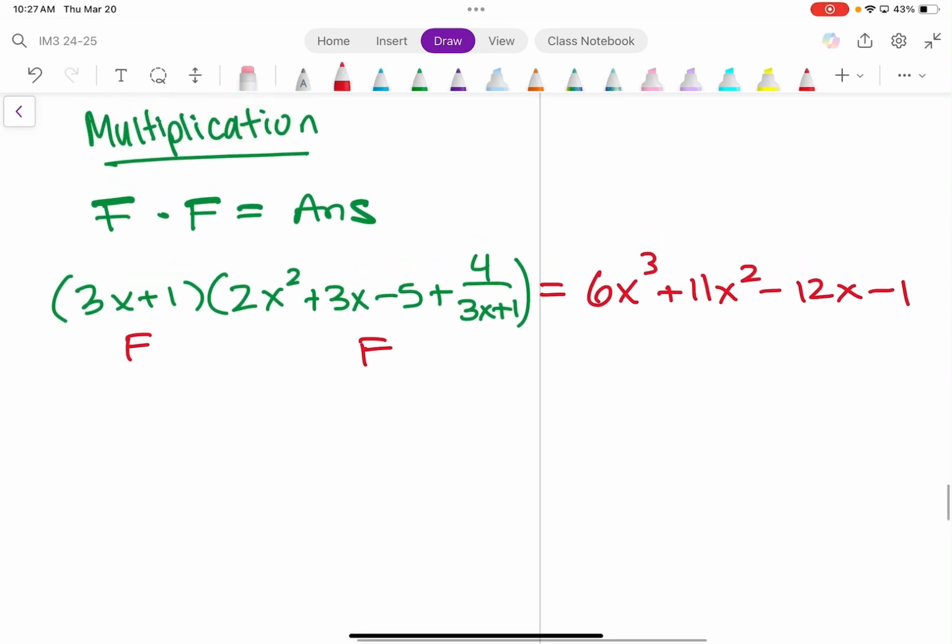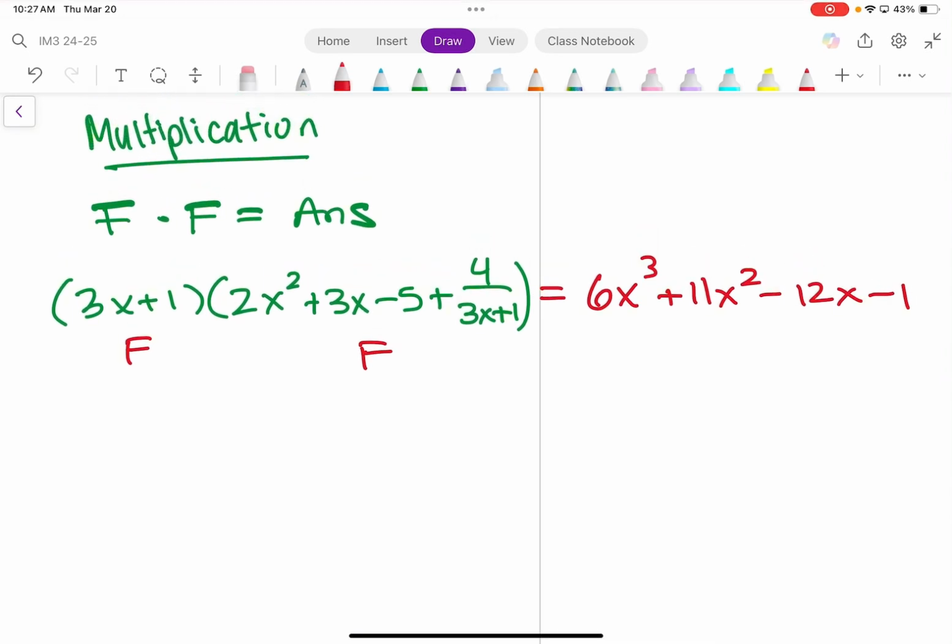That right there is how we write it as a multiplication statement. A factor times a factor equals your answer. Finish writing this down, and I'm going to show you how to write it as a division statement.